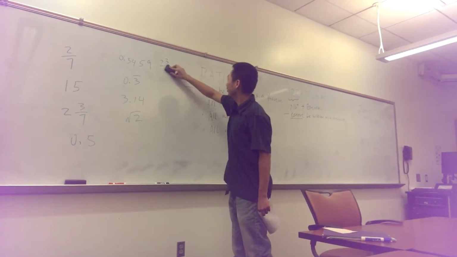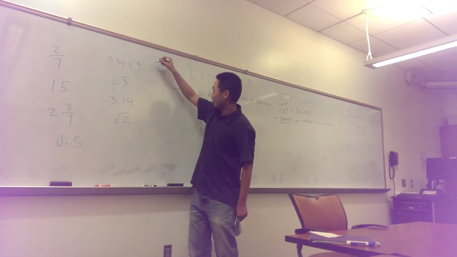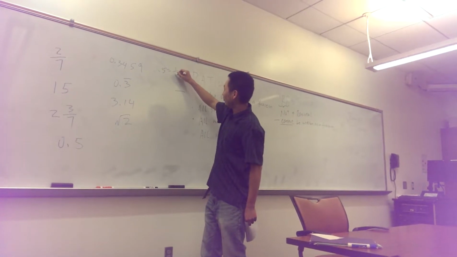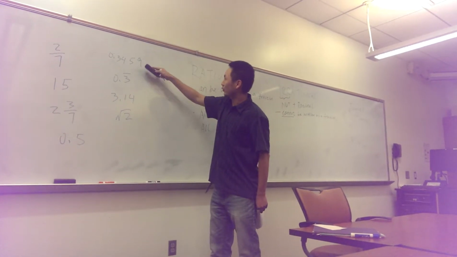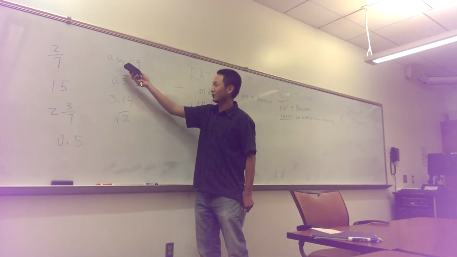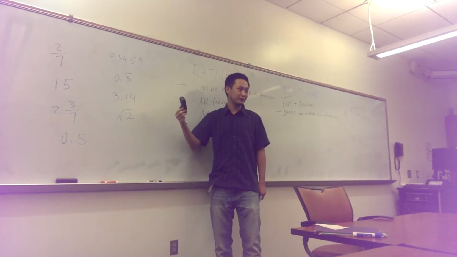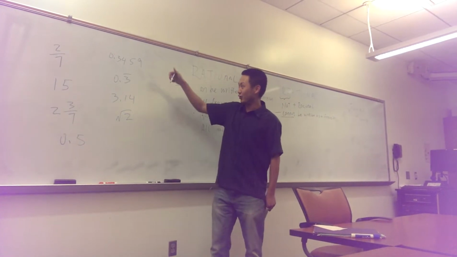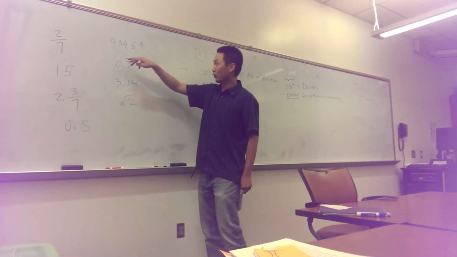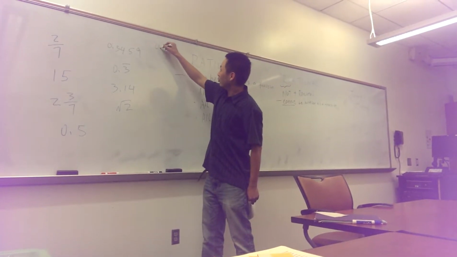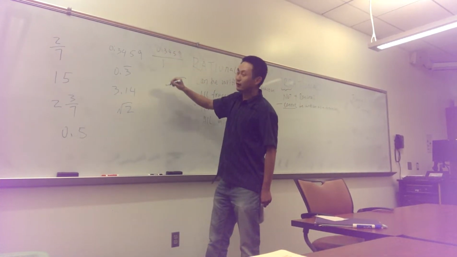Okay, next one. 0.5. Hopefully you realize 0.5 equals 1/2, right? So that's rational. Next one, we don't recognize this fraction, but we can change this decimal to a fraction, right? How do we do this? Put it over 10,000. Yeah. So we changed the whole number to a fraction by just writing 1 underneath it. We can do the same thing here. So we have 0.3459 over 1, right?